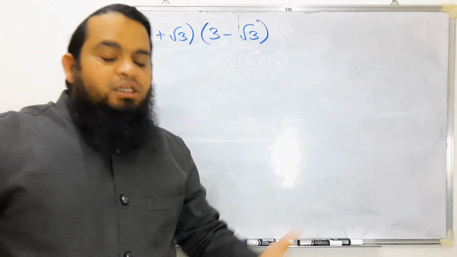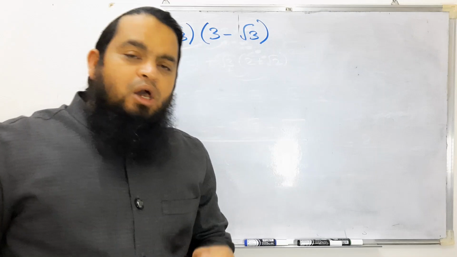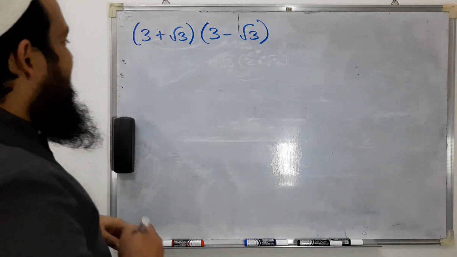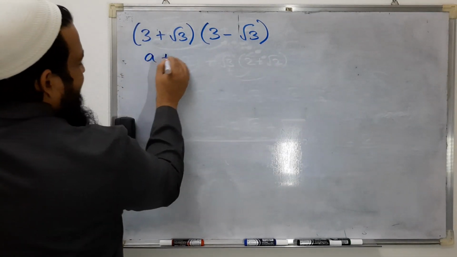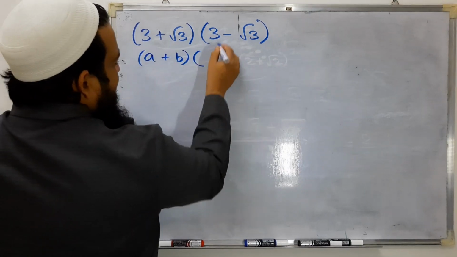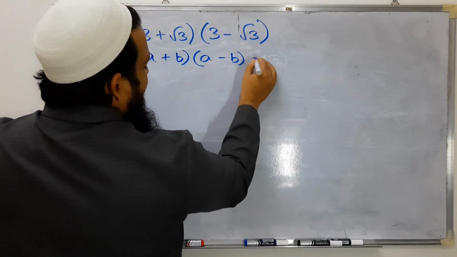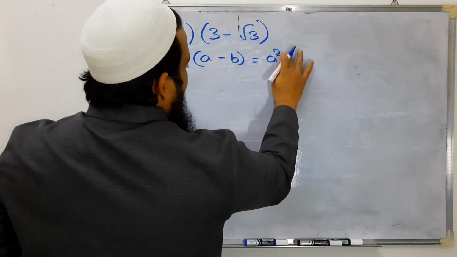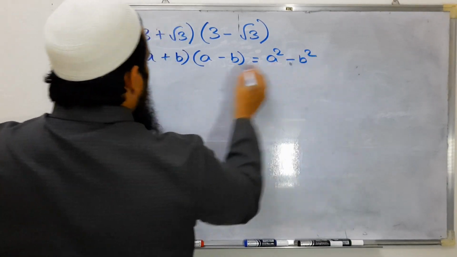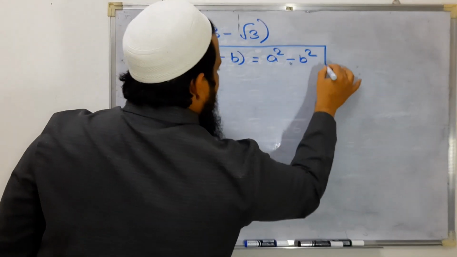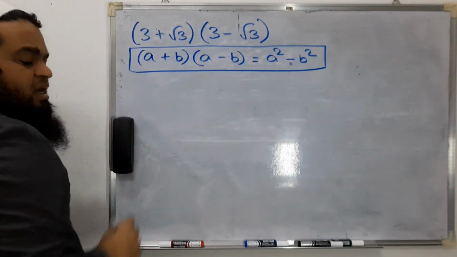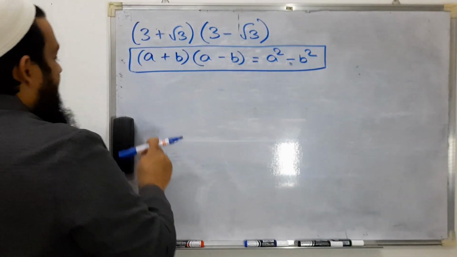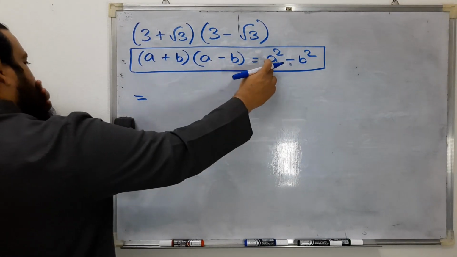But if you look carefully, it is in the form of (a + b)(a - b) equals a² - b². We have studied this identity last year, so that is equal to a² - b².